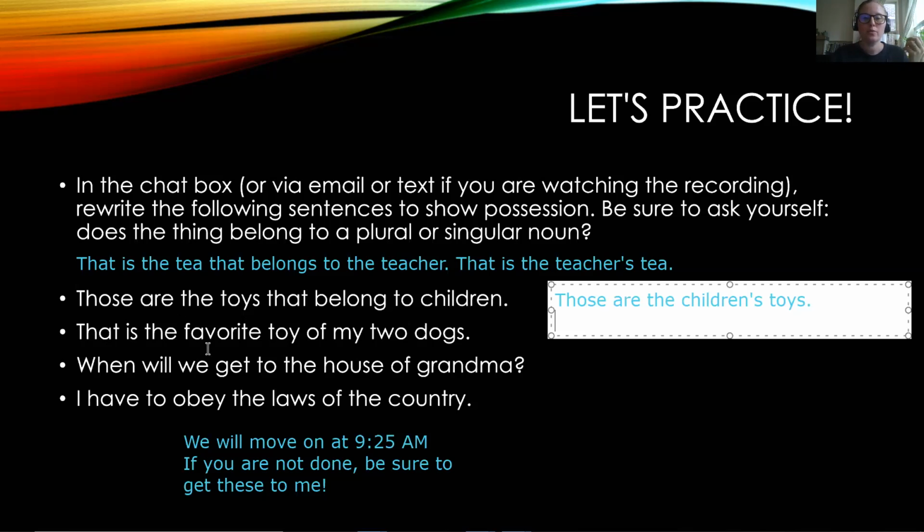So when we're changing this sentence, I saw several of you wrote, that is my dog's favorite toy. And that is a correct apostrophe, because it makes it that multiple dogs share a favorite toy.